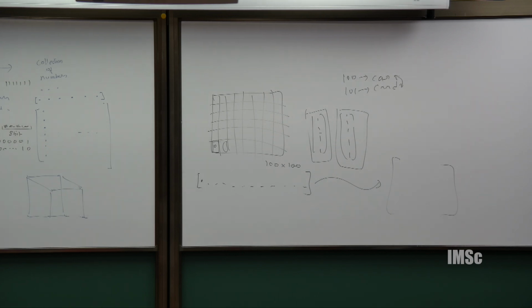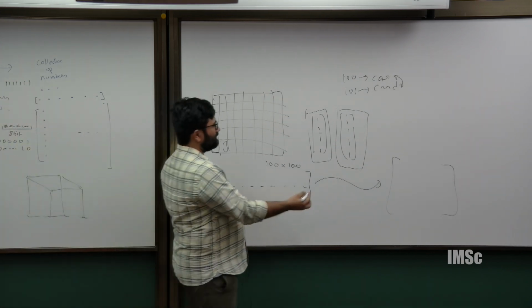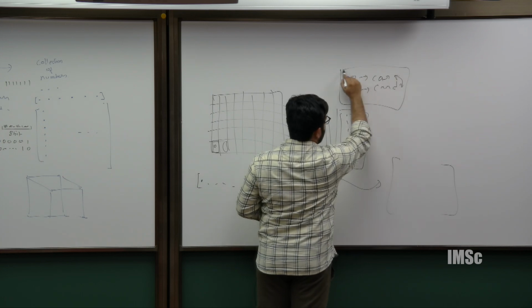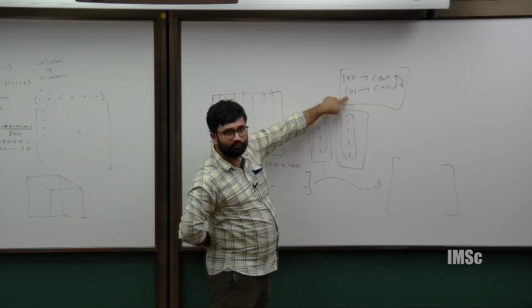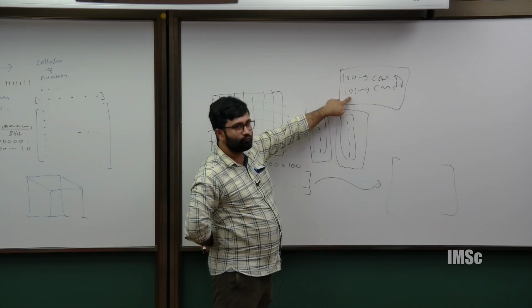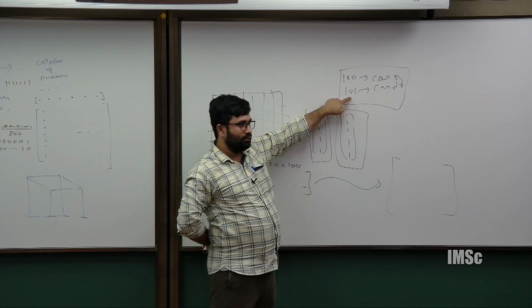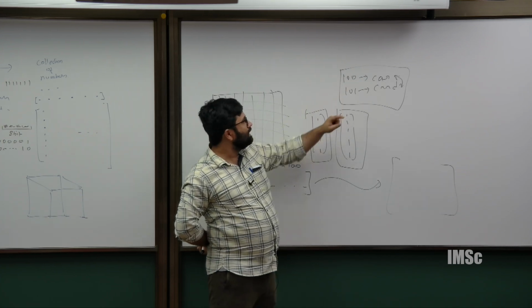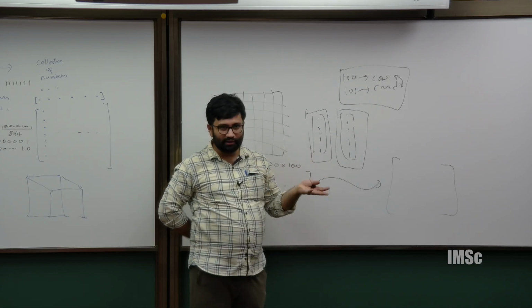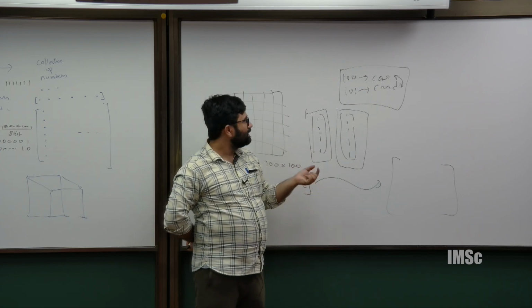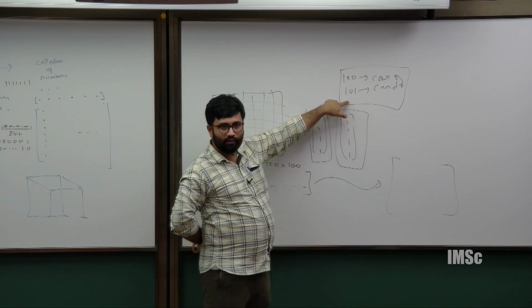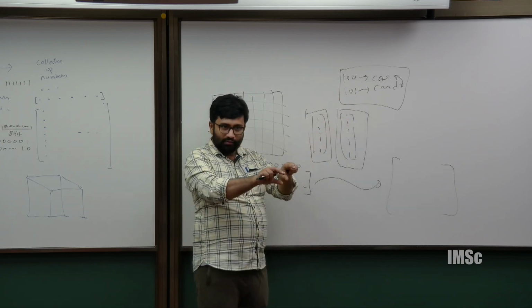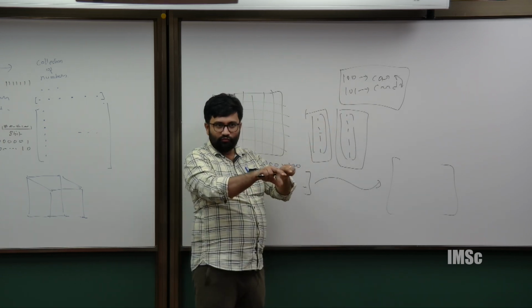Okay, so there is one more issue with this representation, and there's a reason why I chose these two words. If you notice, these two words are only off by 1, right? This is 100, this is 101. So if you built some sort of machine learning algorithm, and that algorithm saw the word 100 or the word 101, which just differ by 1, it has to behave very differently for these two words.